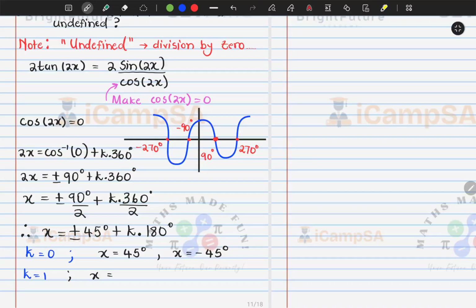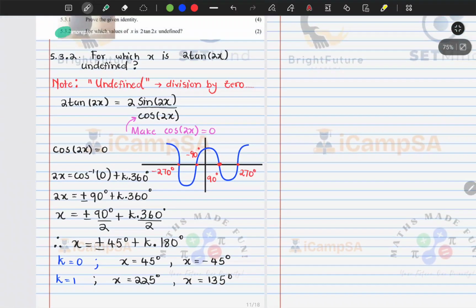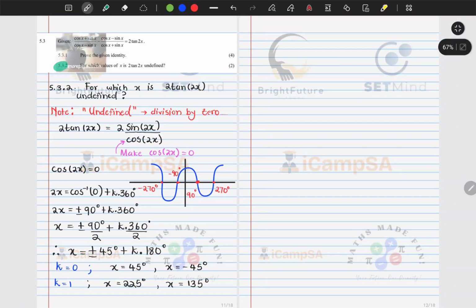You'll have 180 plus 45, that will be 225 degrees. And for when this is minus, that will be the same as 180 minus 45, which will give you 135. You can carry on and so on. This will just be differences of 180 degrees.